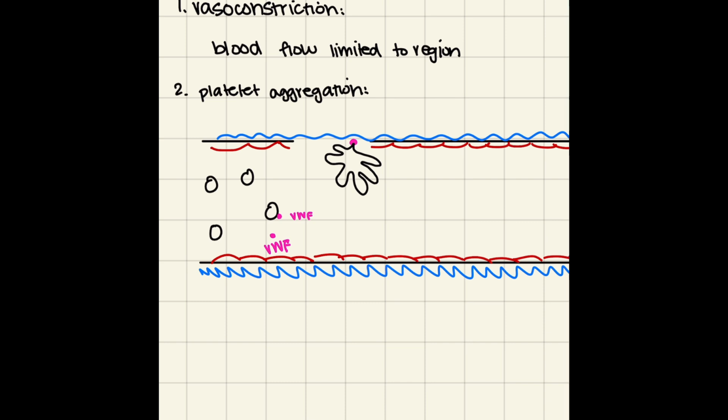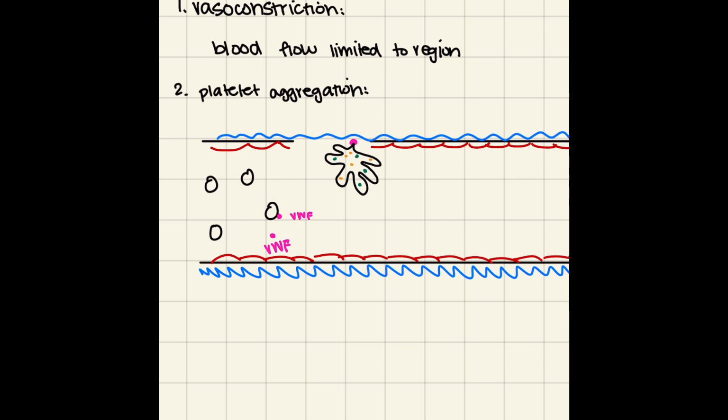It has all these little tentacle looking thingies spurting out instead of being circular like it was before. And inside the platelet, when this activation occurs, we have granules. There are two different kinds of granules in a platelet: alpha granules and dense granules.